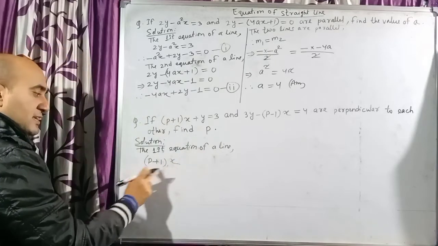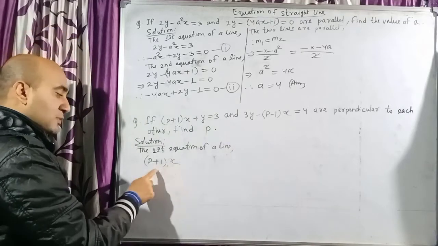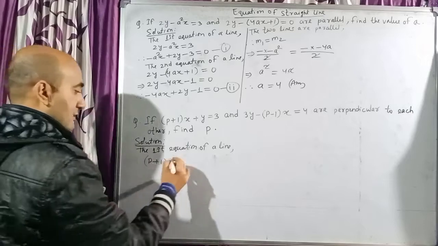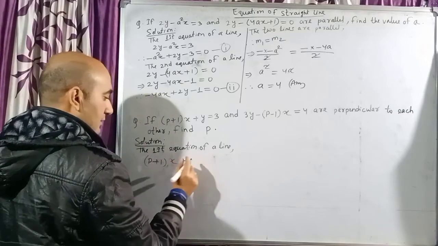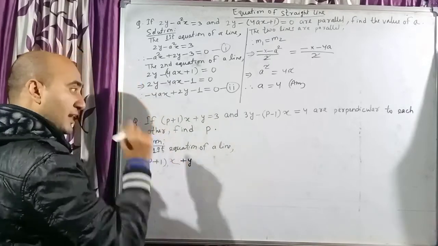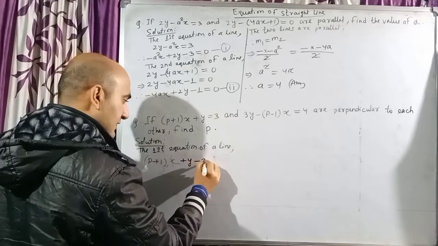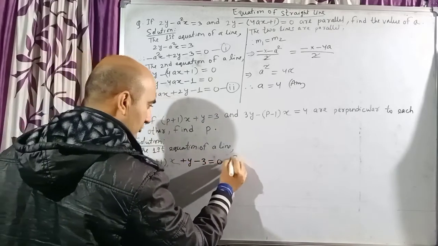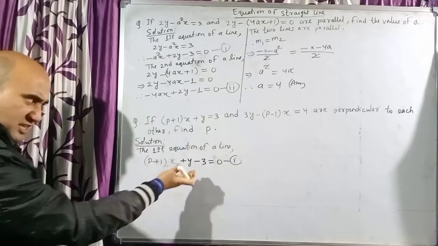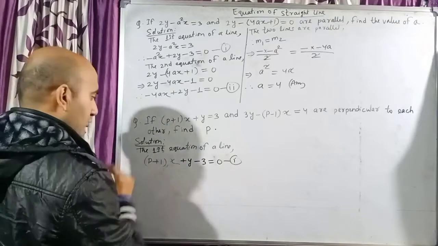So p plus 1 is the coefficient of x, because anything attached with x is the coefficient of x, and you can see p plus 1 is attached, plus y. So 1 is the coefficient of y, because there is nothing here, means there is 1. You can bring this 3 this side and make it minus 3 equal to 0. Equation first, 3 came this side and became minus 3, but there is no function of minus 3 in the slope, but still for equation we have to write.